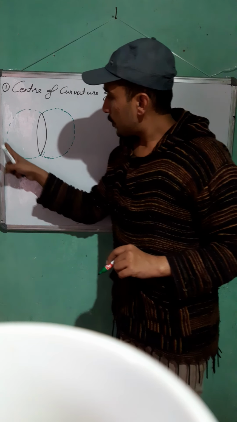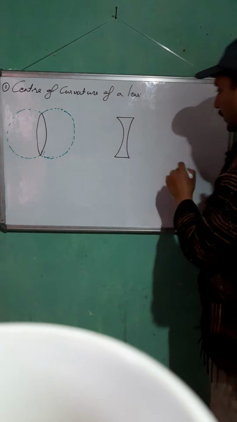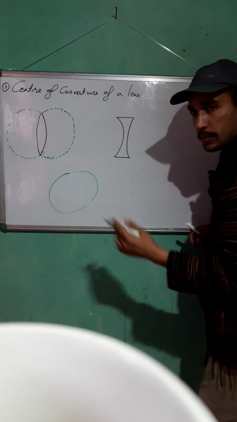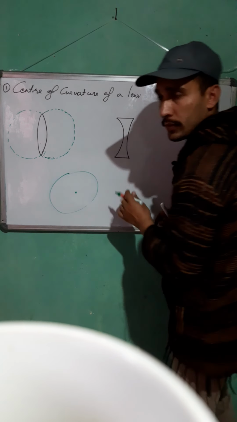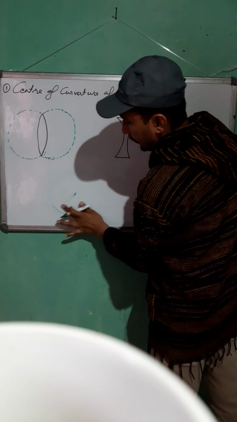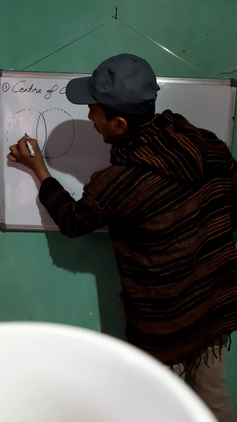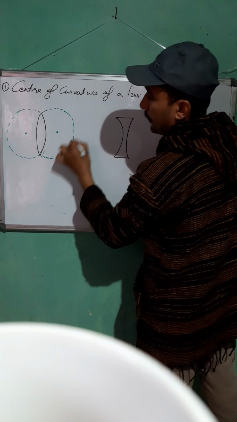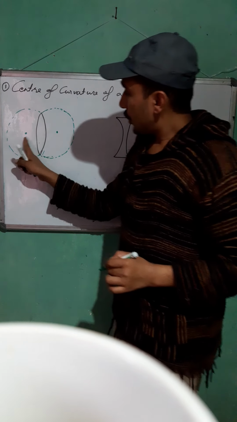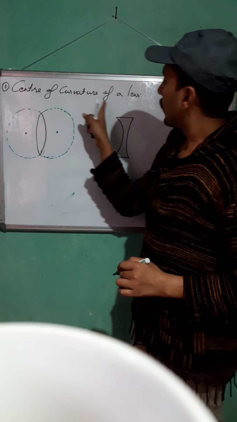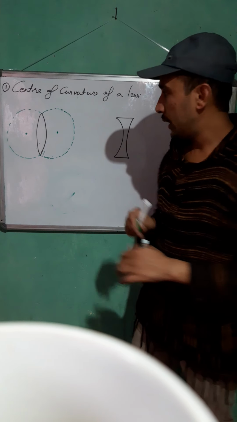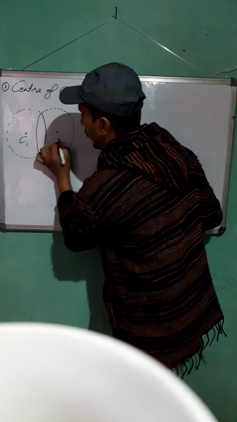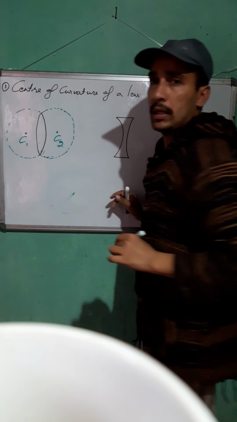This sphere will have a center. A circle has a center, isn't it? And similarly, a sphere has a center. That center I'll mark it here. This is the center of this sphere. This is the center of this sphere. These two centers are known as center of curvature of a lens. This is denoted by C1, capital C1, and this is denoted C2.